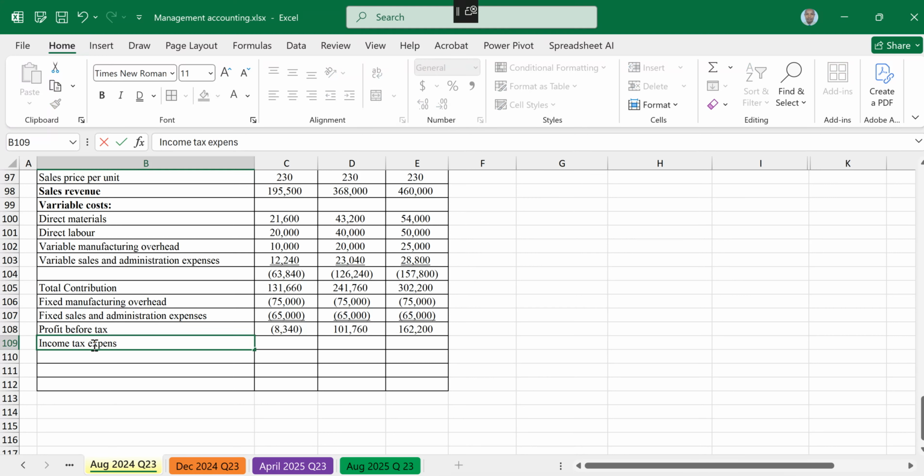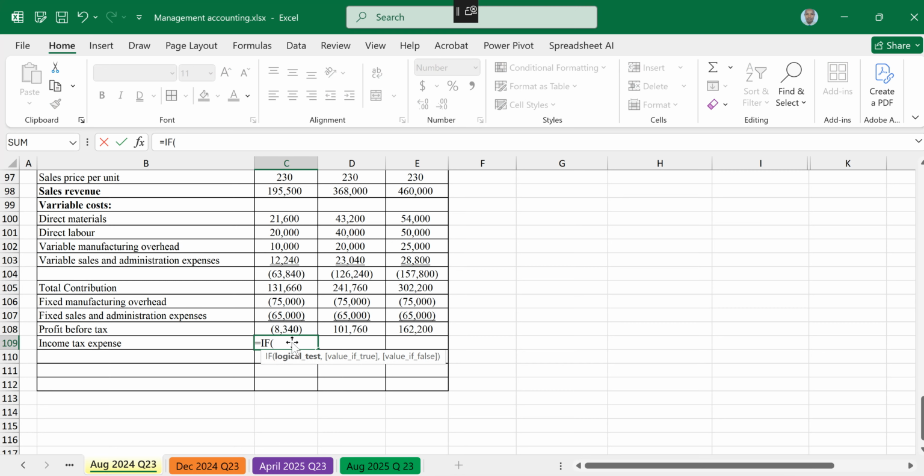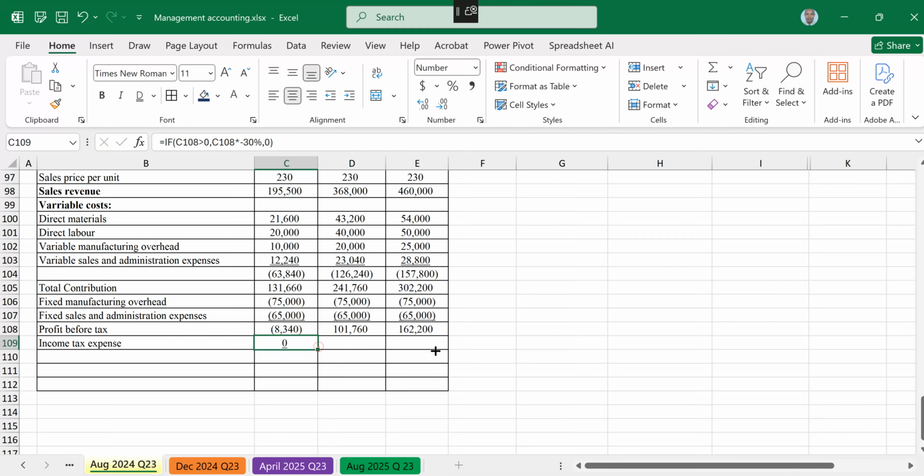Income tax expense will be equal sign if, tab. If this cell is greater than 0, comma, take the same cell times negative 30%, otherwise the answer is 0, close bracket. And that will give you 0, then drag across.